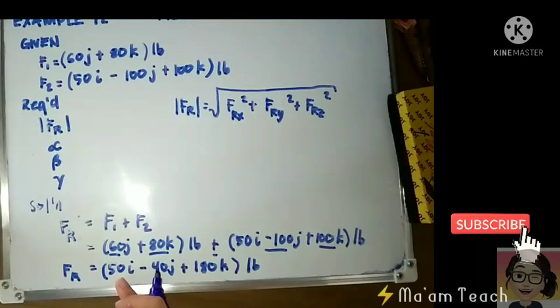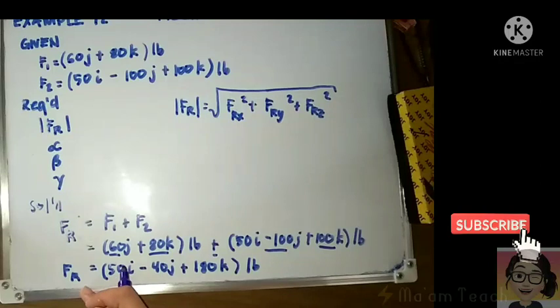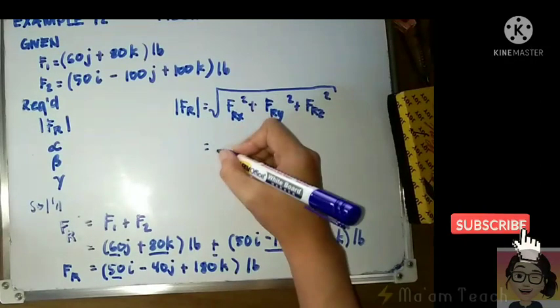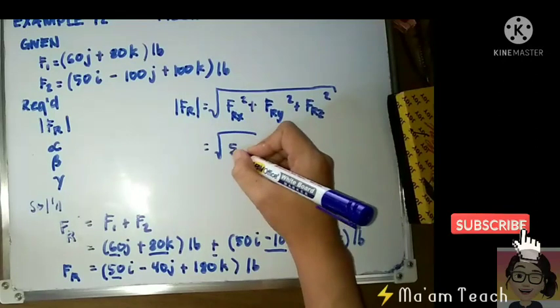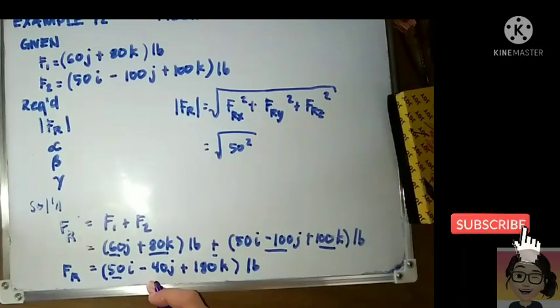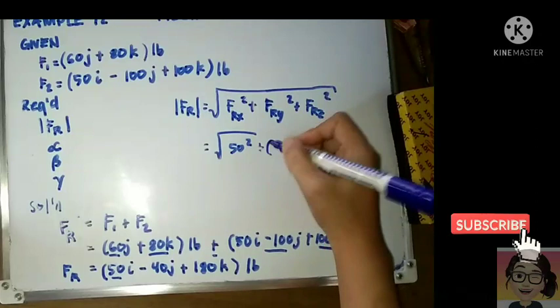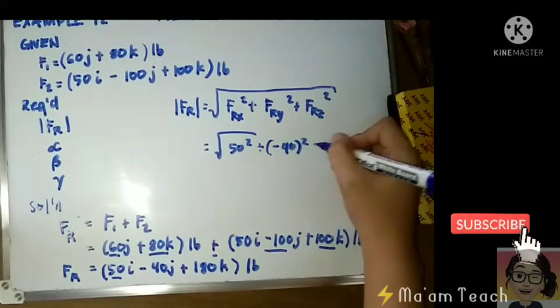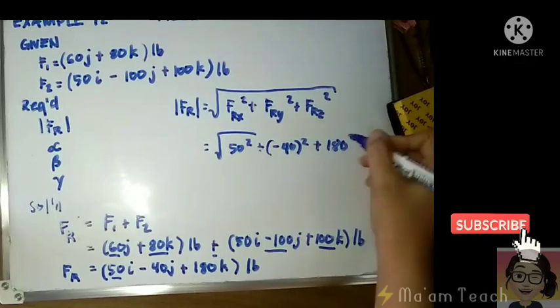Based on our Cartesian vector notation of the resultant, the square root of 50 squared plus negative 40 squared plus 180 squared.